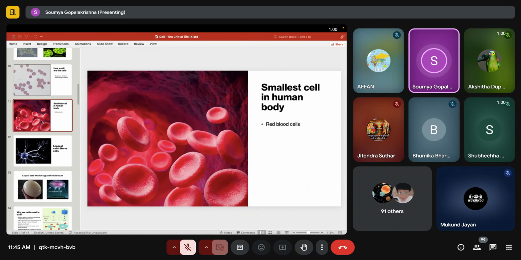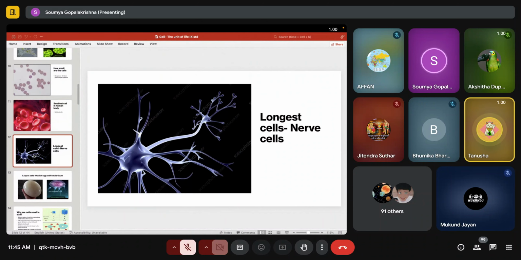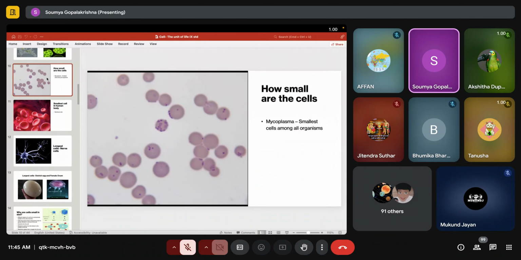Now, if we take the smallest cell in the human body, the smallest cell is the red blood cell. The red blood cells are the smallest cells in the human body. They are biconcave, disc-shaped structures. This is how mycoplasma looks under the microscope.